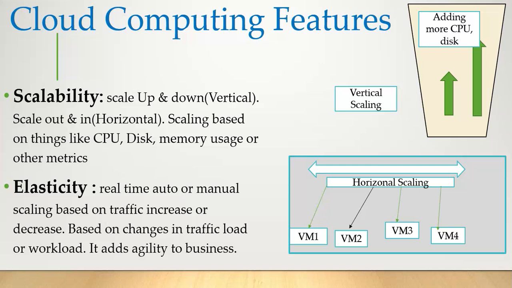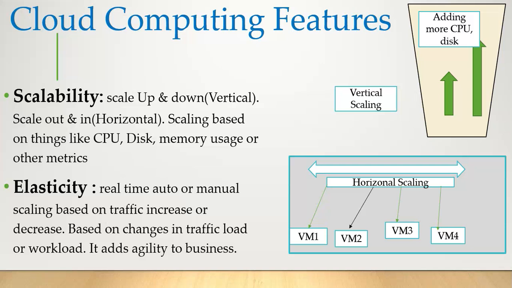Another way of scaling in the cloud is scale out and in, or horizontal scaling. In horizontal scaling, instead of raising the capacity of the existing server, we can add another server with the same capability, with the application installed, which is ready to serve.